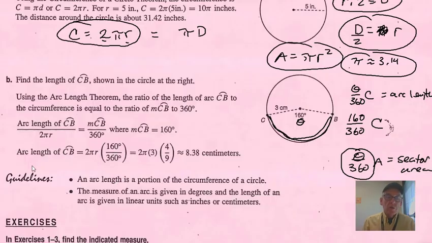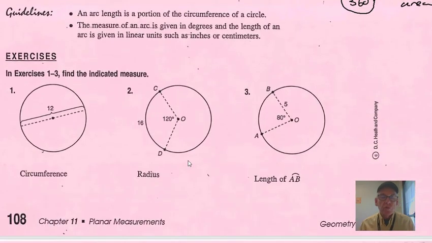Okay, so let's see what we're doing here with exercises 1 through 3. They want us to find the circumference of this circle. The diameter is 12, but for circumference we need 2 pi r, or pi d. We could just do pi d and have 12 pi as the circumference.